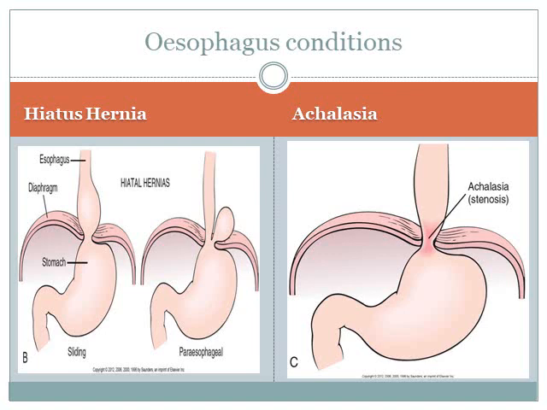So you can either have what's known as a sliding one, where just a portion of it slides all the way up, or you can also have a paraesophageal, which is also known as a rolling one. And that one's a little bit worse because it's more associated with reflux type damage as well. Now, both of these hiatus hernias alter the function of the lower esophagus and lead to an increased likelihood of reflux itself.